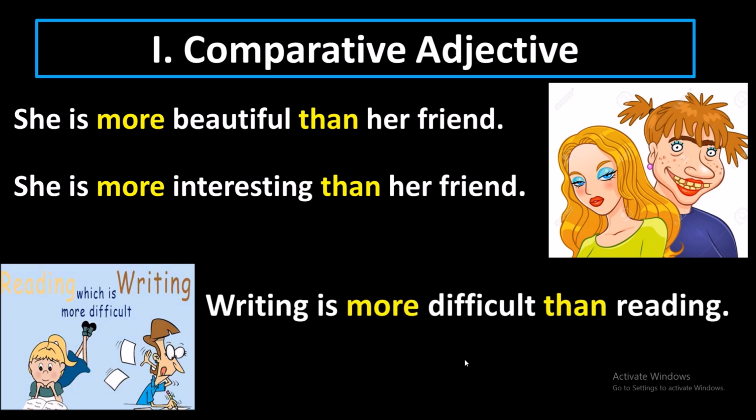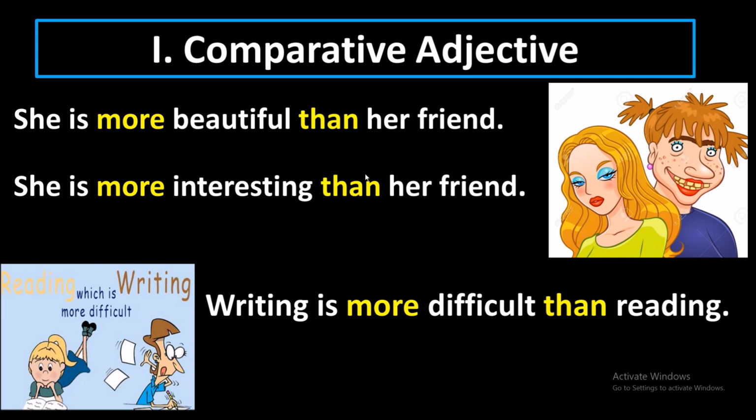Writing is more difficult than reading. According to the picture, writing is more difficult than reading because he's tearing a lot of paper and throwing it away, and she's reading and relaxing here.